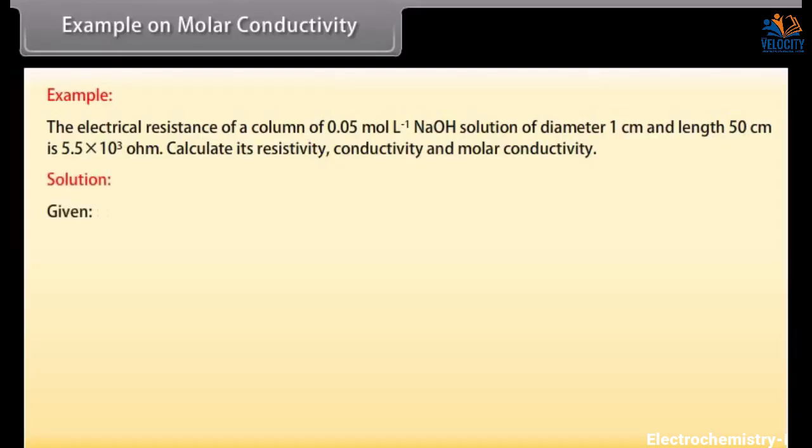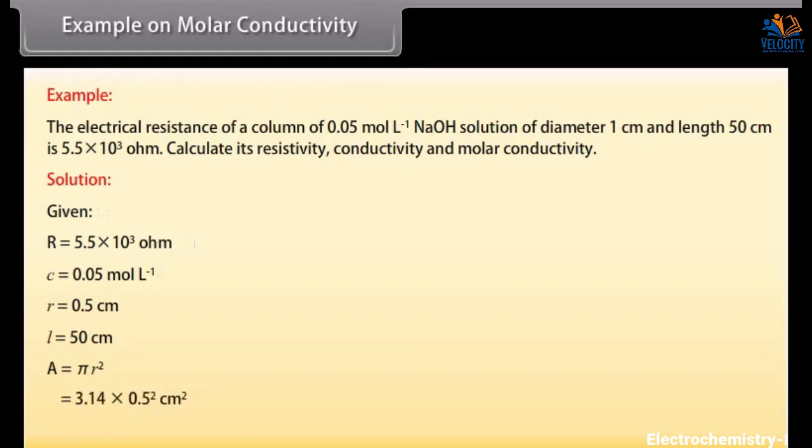Here the given values are R is equal to 5.5 into 10 raised to the power 3 ohm, C is equal to 0.05 mole per liter, r is equal to 0.5 centimeter, L is equal to 50 centimeter. We know that area is equal to pi r square. By putting the values, we get area is equal to 0.785 centimeter square.